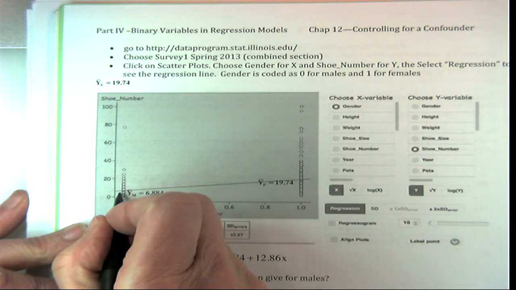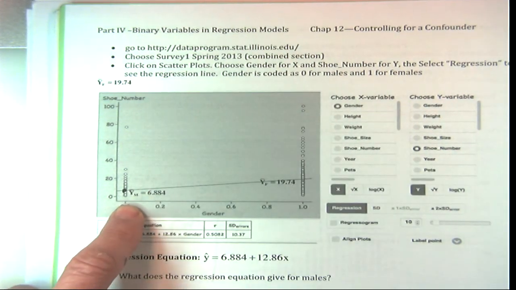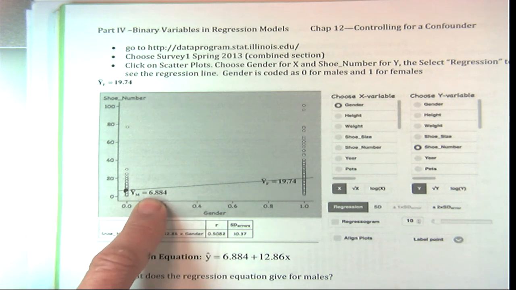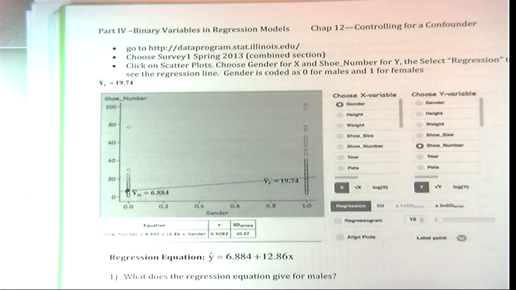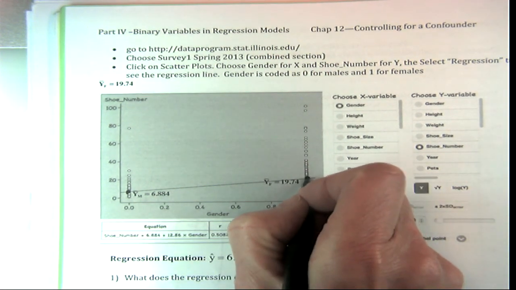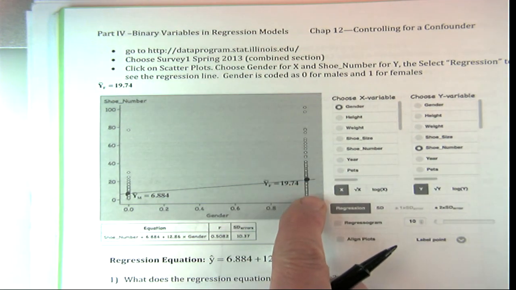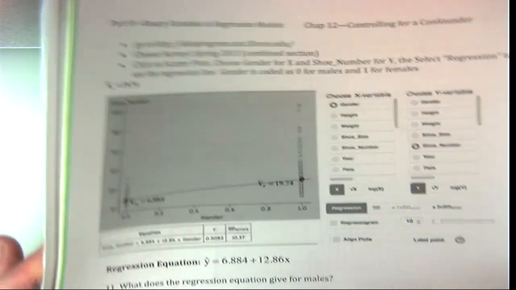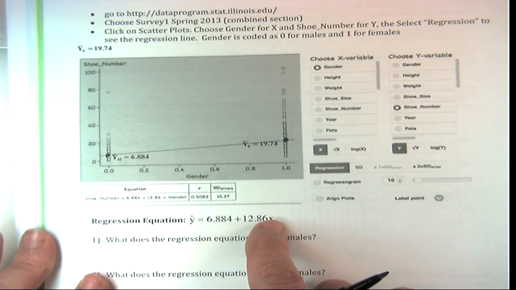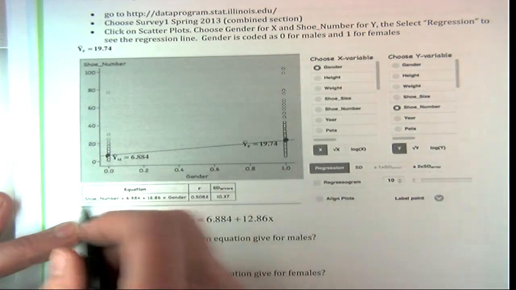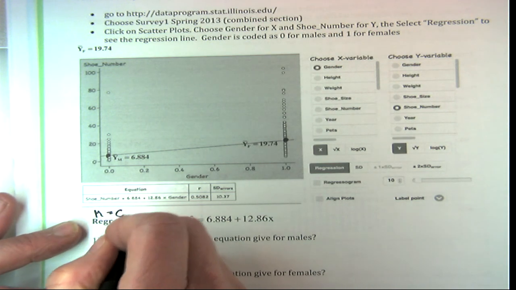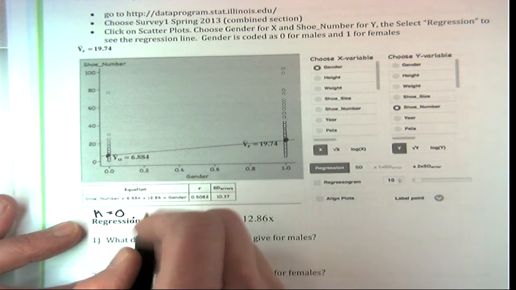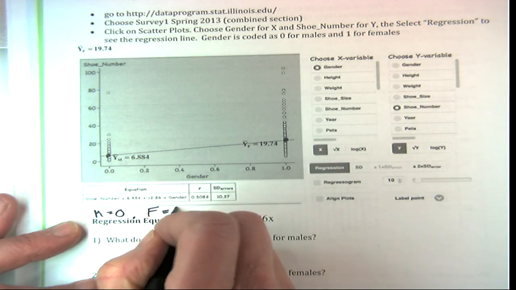So right here, I said y bar, which is the average for guys, is 6.884. That's the average number of shoes. And for women, we know they buy more shoes, so it's much higher. All right, and there's the regression equation we saw right here. Okay, and remember, we coded males as 0 for x here, and females as 1.